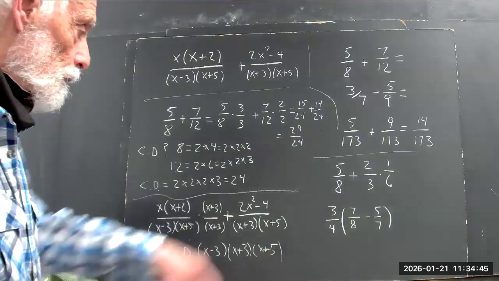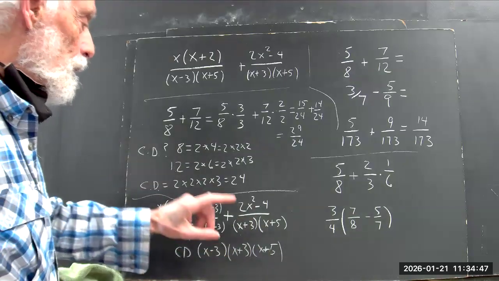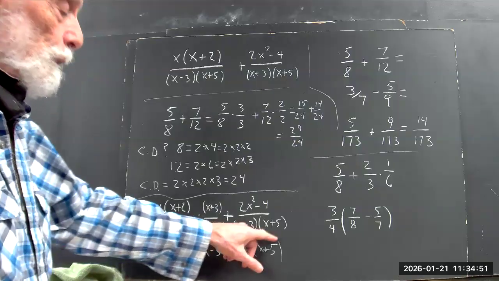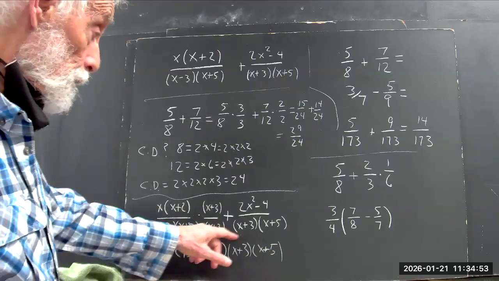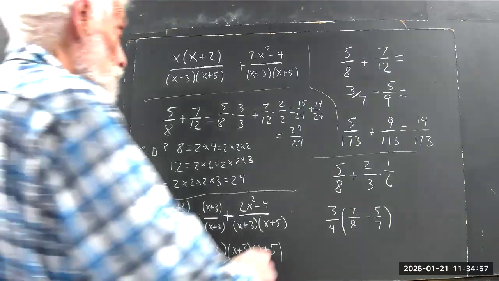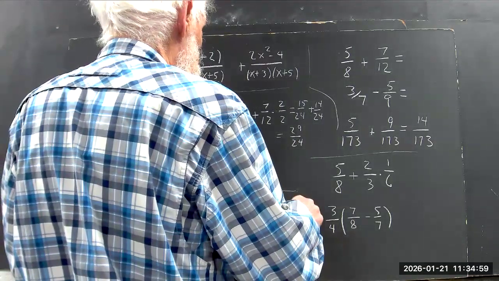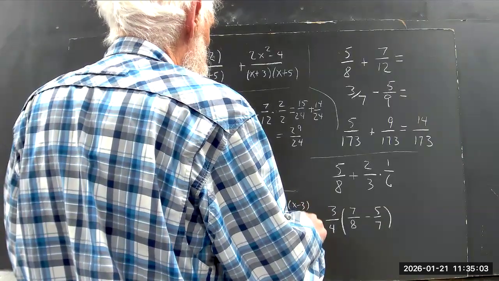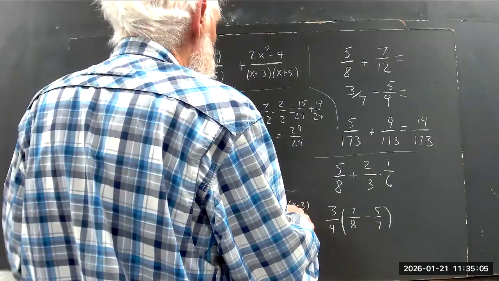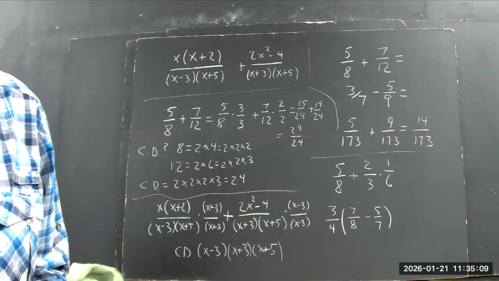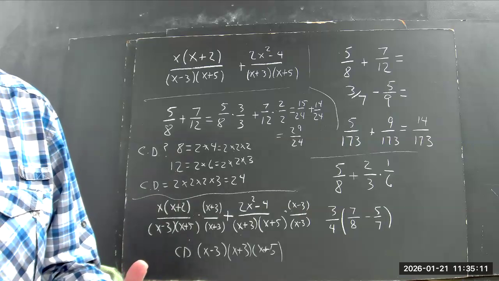We do the same thing over here. We see what the common denominator has that this one doesn't, because we want to build this up into its common denominator. And that's going to be the x minus 3. So we multiply this by x minus 3 over x minus 3. Specifically, we multiply the second fractional or rational quantity.